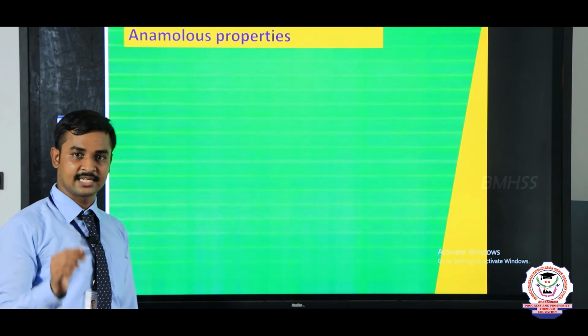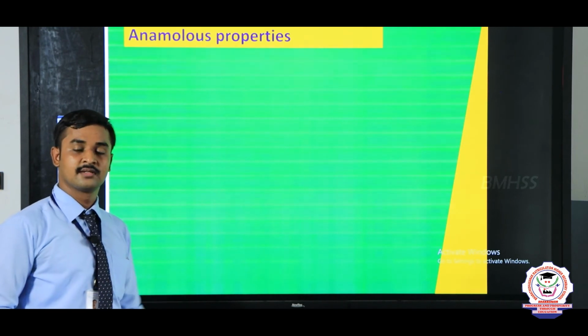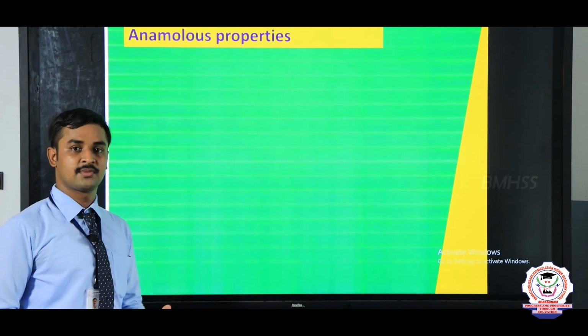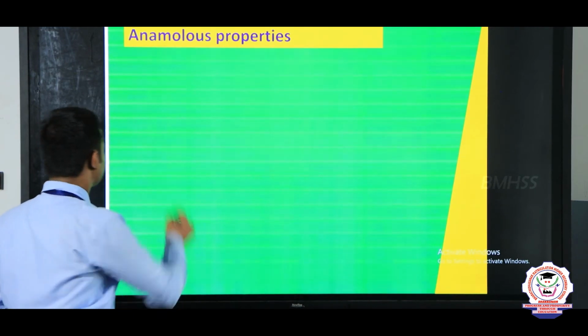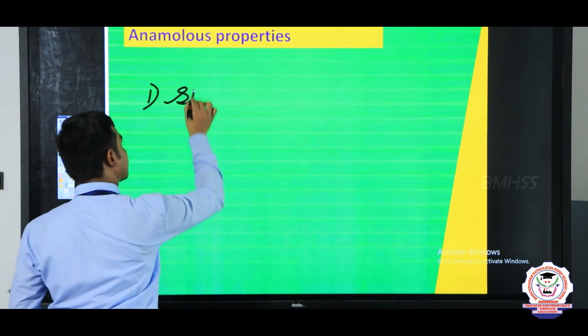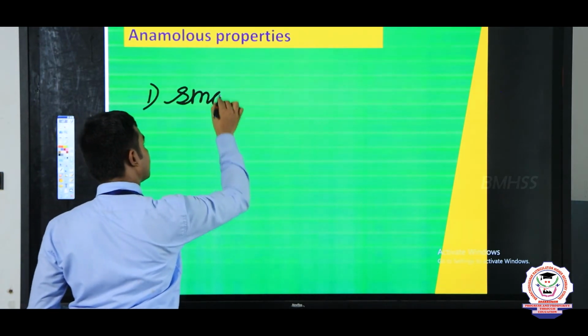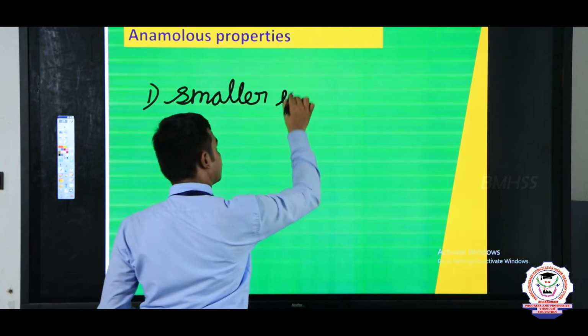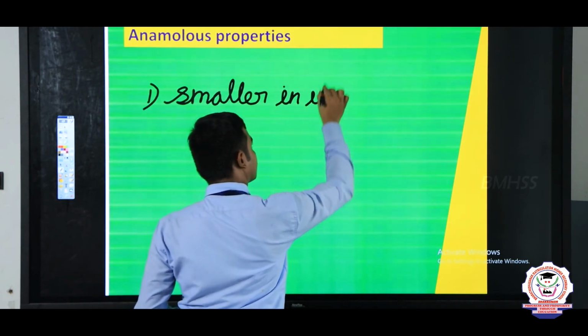The anomalous characteristics are nothing but the 3 special characters of p block elements. What are the 3 special characters? First one, the p block elements are very small in size.